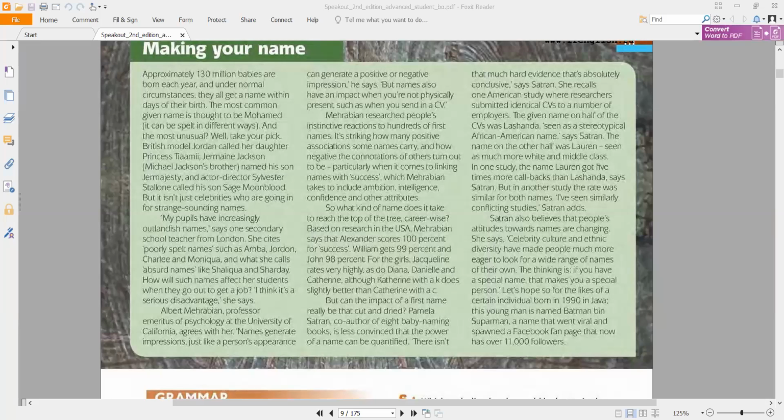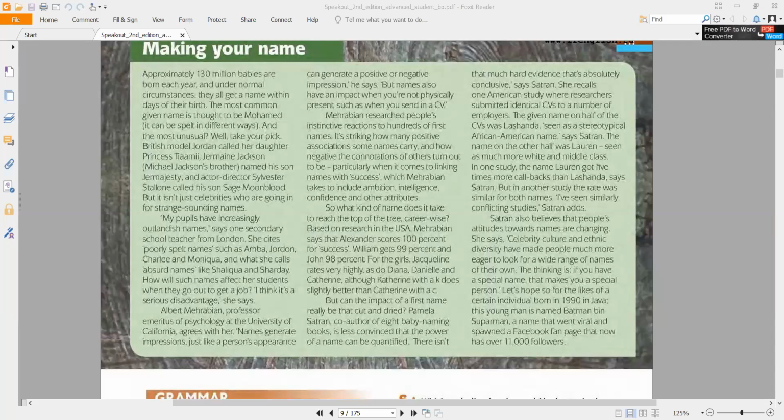The given name of half of the CVs was Lashandra, seen as a stereotypical African American name, says Saturn. The name of the other half was Lauren, seen as much more middle class.